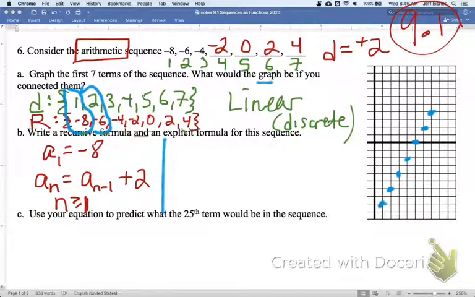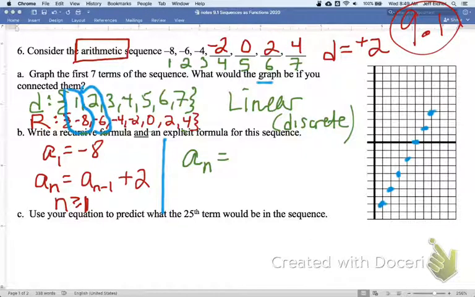Our explicit formula, well, since we have this graph, we could tell what the slope is. Remember, an explicit formula would just be one equation, a sub n, to get any term. So we don't want to base it on the previous term, we just want to base it on n, where we are in the sequence.